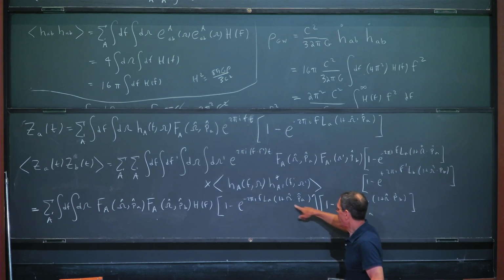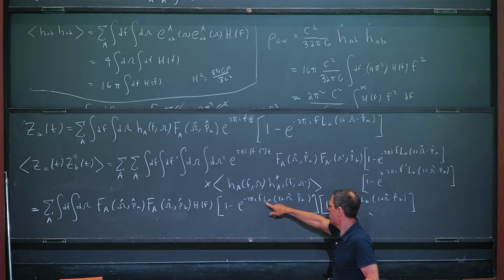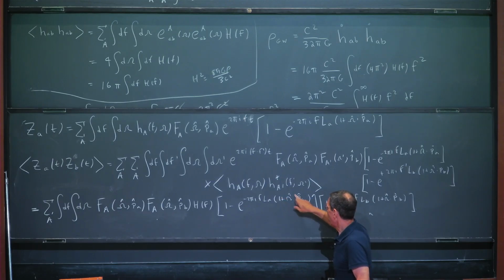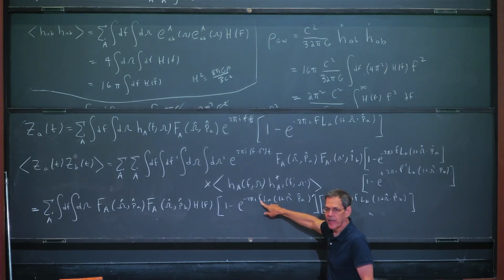But look at what happens here as a function of F. This quantity here, LA times 1 plus omega hat dot PA, for most values of omega hat, is very rapidly varying, either as you vary F or as you vary omega.